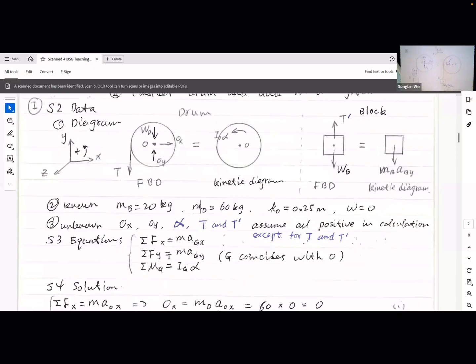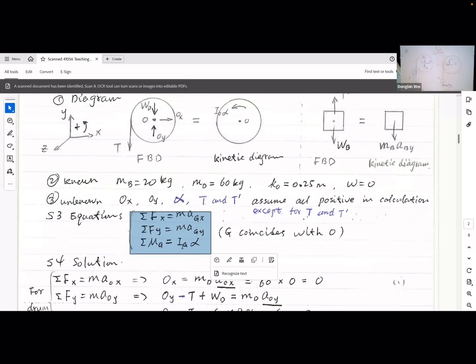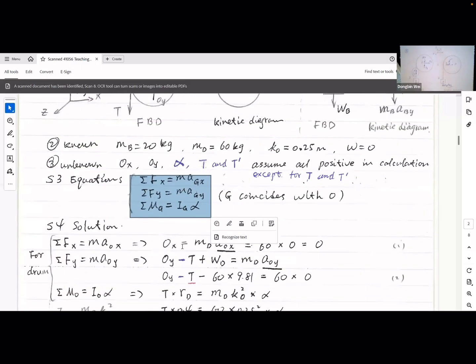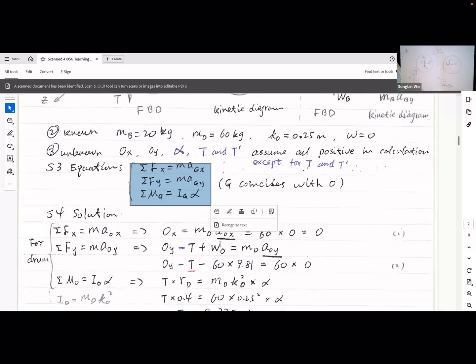Okay, only 3 equations we can use because we are considering these 2 rigid bodies separately. So for each body, we have to apply these 3 equations. Now, firstly, for the drum.